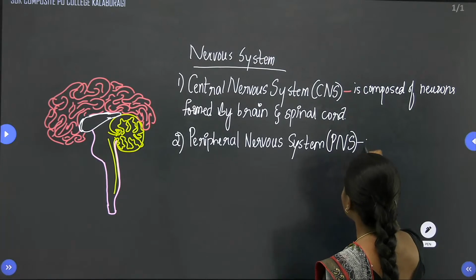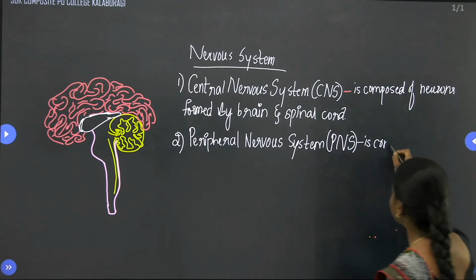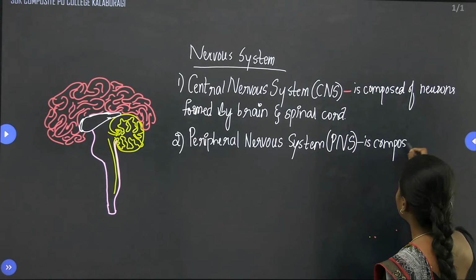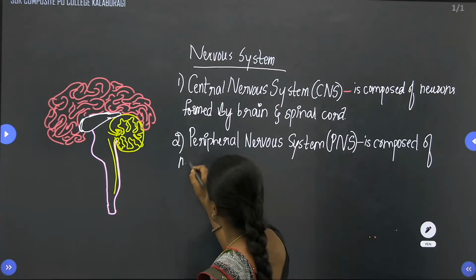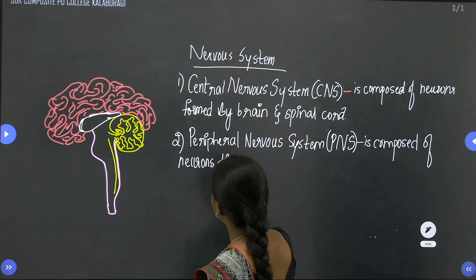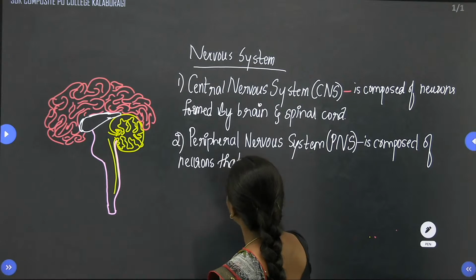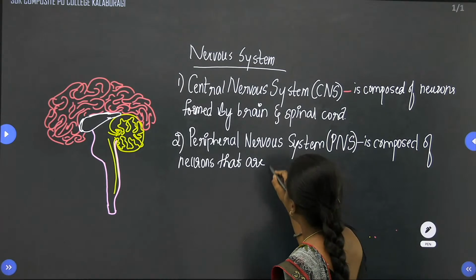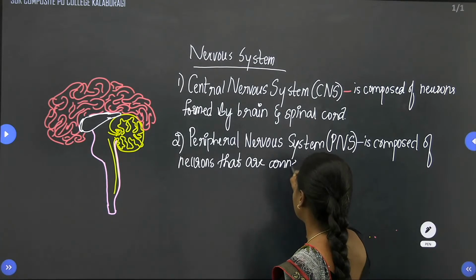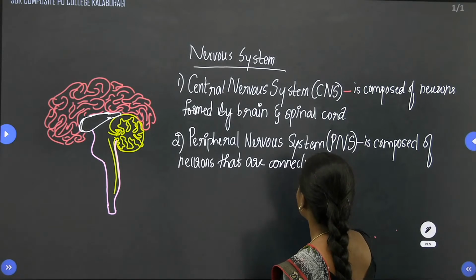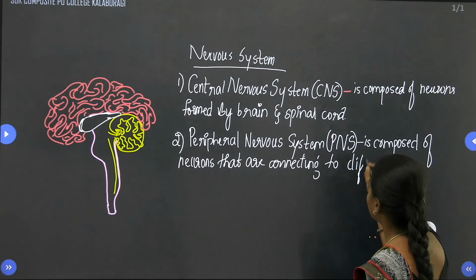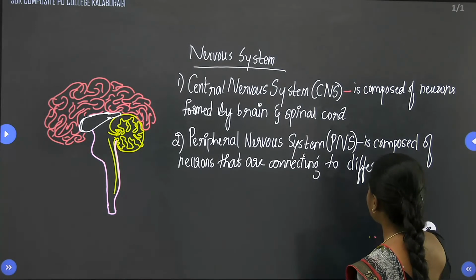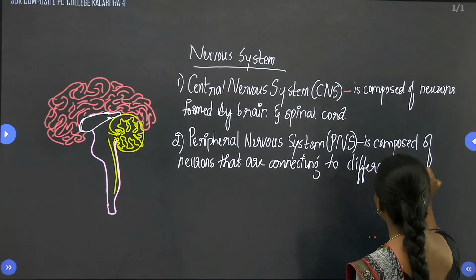Peripheral nervous system is composed of neurons that are connecting to different parts in the body.